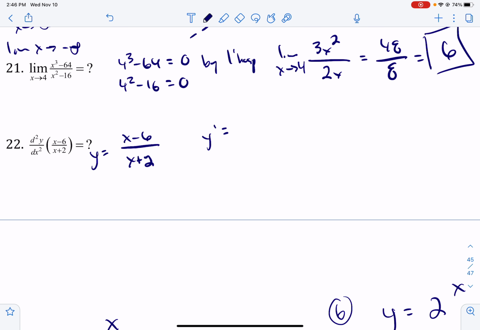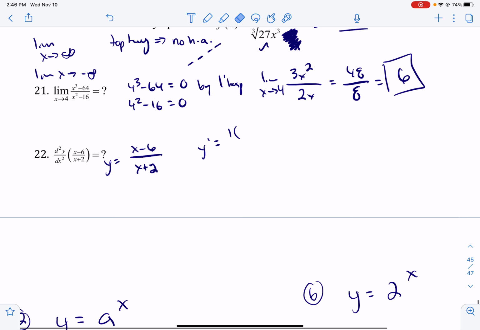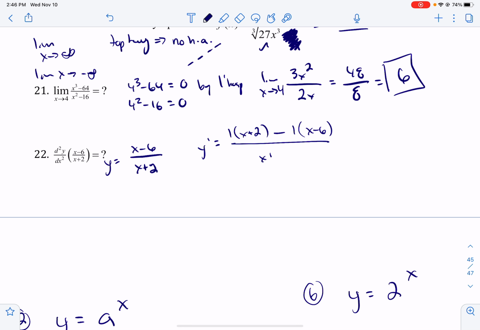So the derivative of the top is 1 times the bottom, x plus 2. Minus the derivative of the bottom, which is 1, times the top, x minus 6, all over x plus 2 squared. So that becomes x plus 2 minus x plus 6, all over the same.